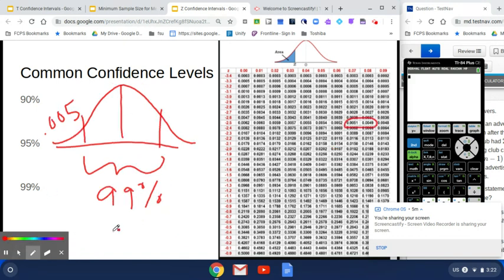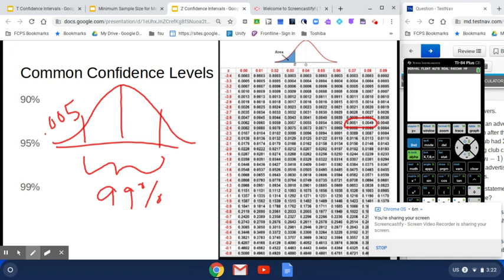Okay, so I went ahead and drew the distribution, put my 99% in the middle of the distribution. That leaves 1% left over for both tails. So each tail is going to be 0.5% or 0.005 as a decimal. I scan on the chart for the closest I can get to 0.005, and notice I have two identified, 0.0051 and 0.0049.